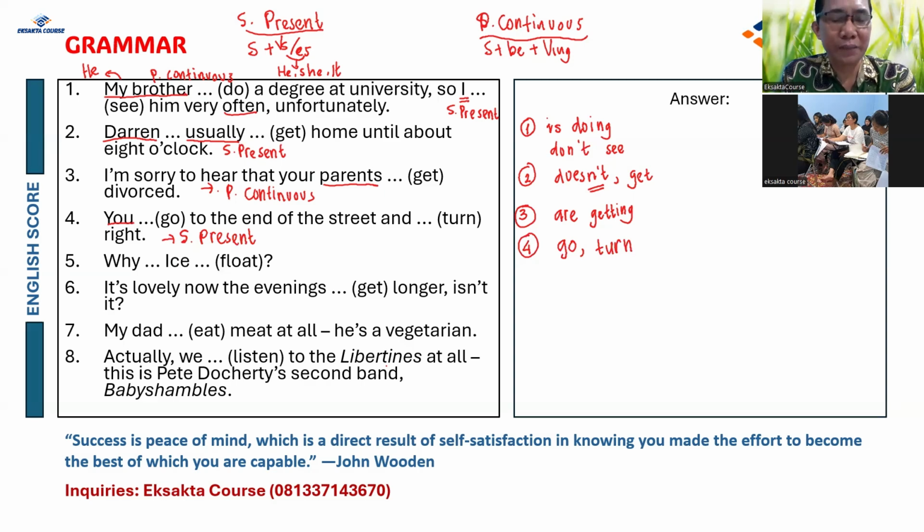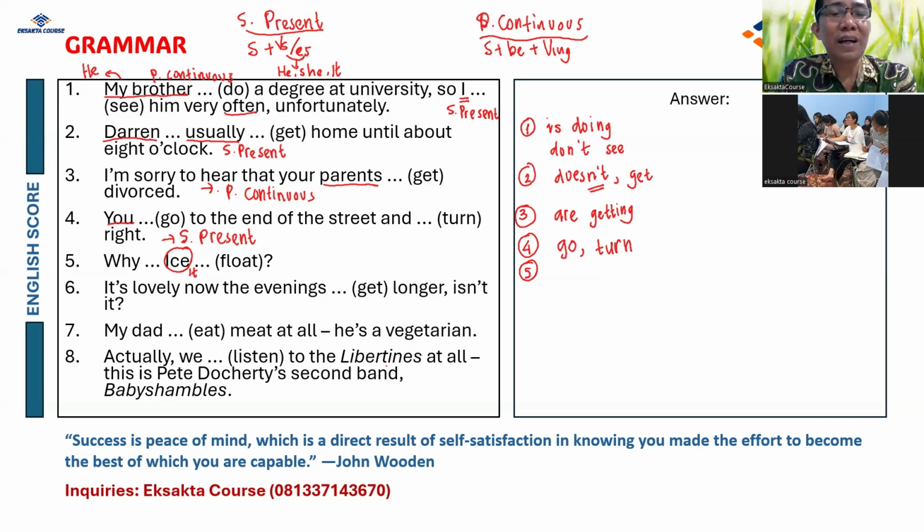So now number five. Number five, look at there. It is simple present too. Here, why blank eyes flood. Look at their eyes. Eyes, the subject is it. Okay. So if you want to make the question, look at there because it is a question.